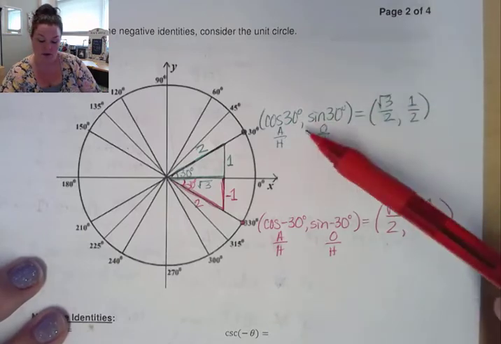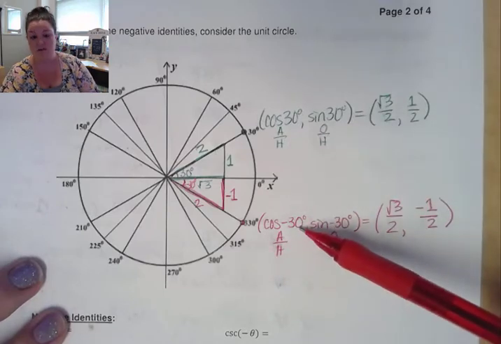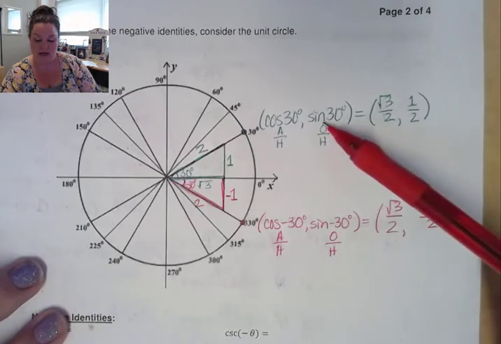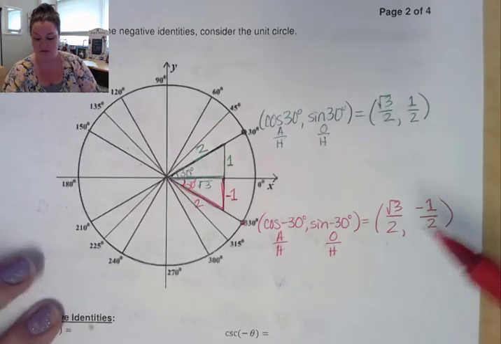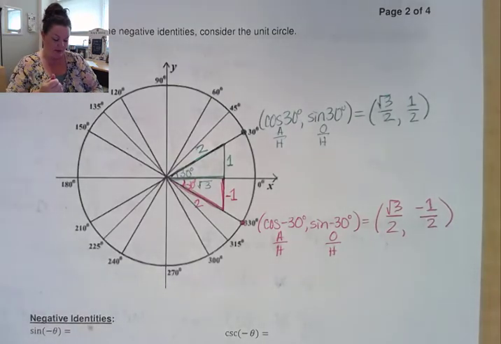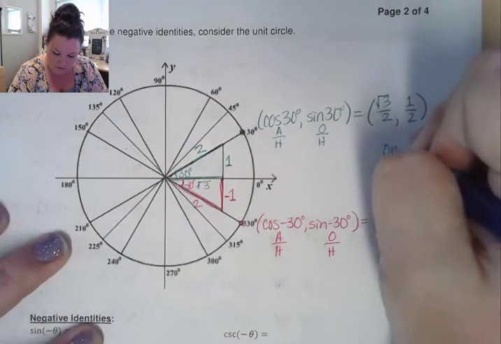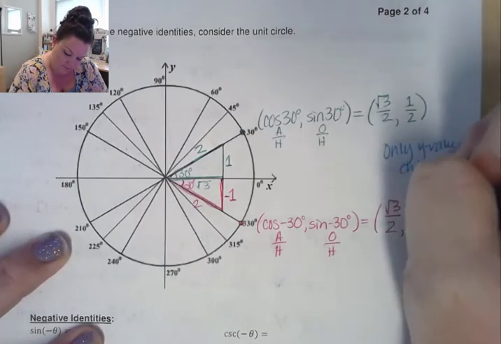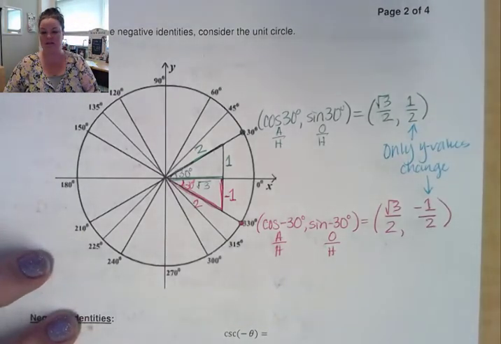Cosine of 30 degrees is exactly the same as cosine of negative 30 degrees. But if I look at my sine values, sine of 30 gave me a positive, and sine of negative 30 gave me a negative. We can notice here that only the y values are changing. Our x's are staying the same. Only y values change. Everything else stayed the same.